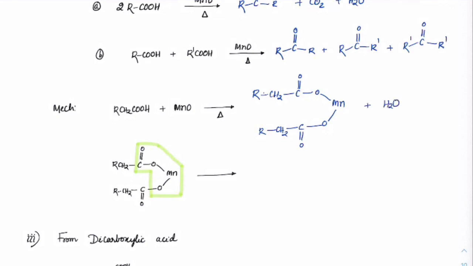Do not worry about which oxygen is left, usually this OH and this O. If you take 2 moles of that, we can take this as H2O coming out, and one of the O on manganese will get connected here. So this is how the connection takes place. So we will get this manganate salt.